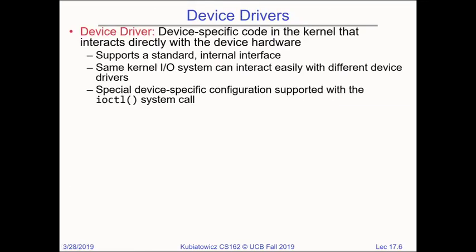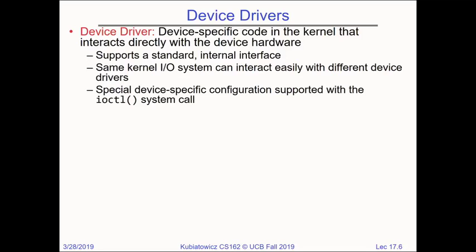So now let's go back to the device driver. The device driver is that custom piece of software per device that tries to provide, above, some standardized interfaces to the kernel and, below, some customized interfaces to the device. Every operating system defines a standard interface that the device driver plugs into so that the same kernel I/O subsystem can basically access the same devices, whether they're disk or USB or pick your favorite device.